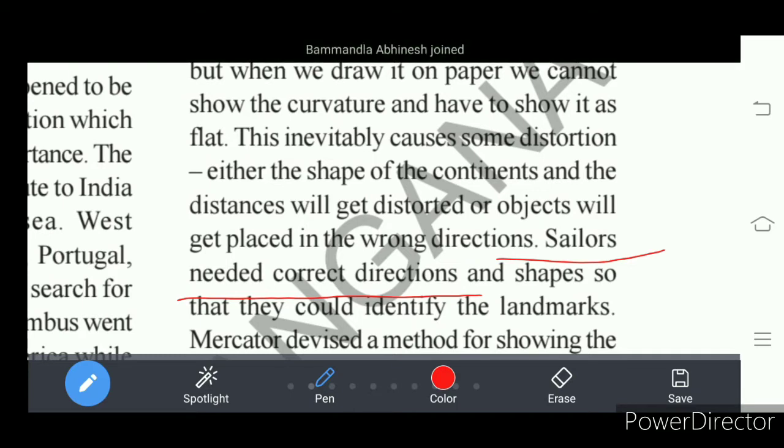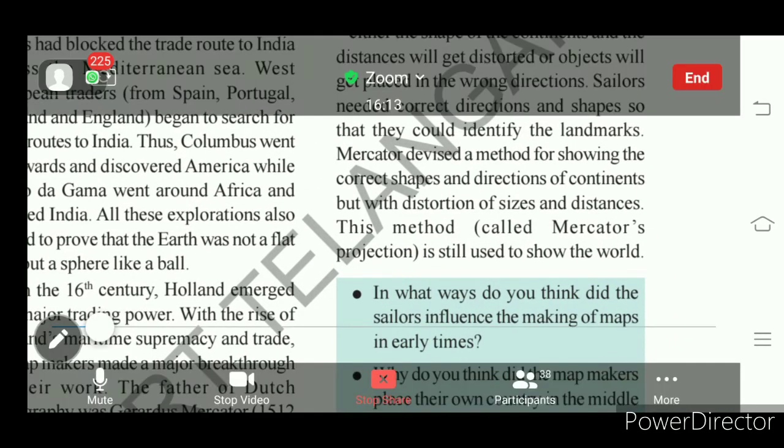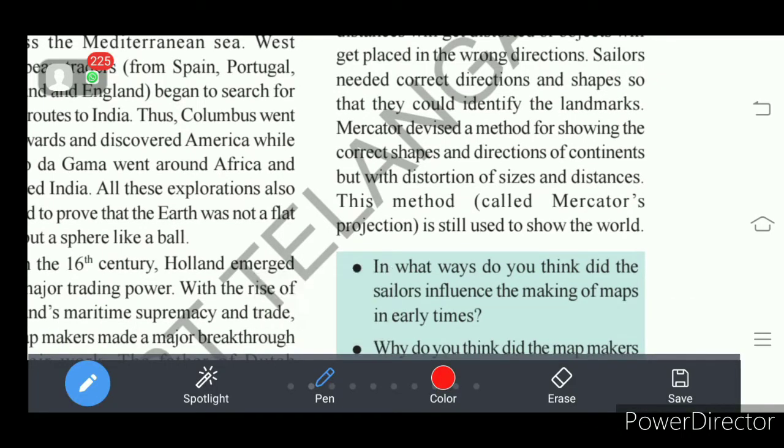Because sailors wanted to land at a place that is suitable for them, so that they could identify the landmarks. This projection, prepared by Mercator, is also called Mercator's projection. Today we are still using Mercator's projection for showing the world.